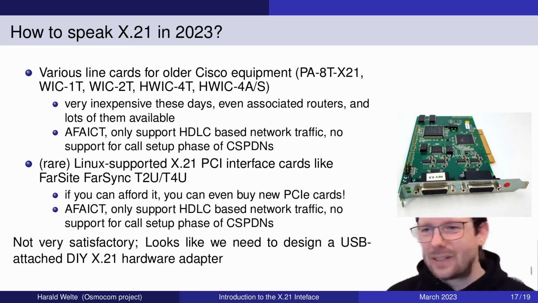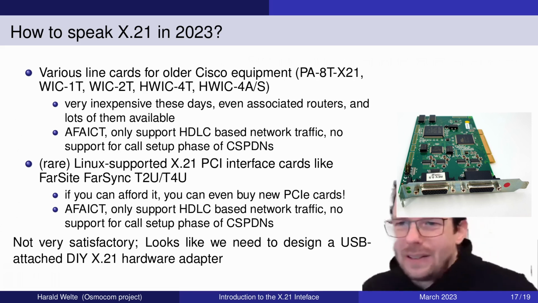And also the associated routers, like the 2600 series, you can get for a few bucks. So that's very easy. Also, you can find null modem cables for X.21 for Cisco, so you can connect two Cisco devices back to back.